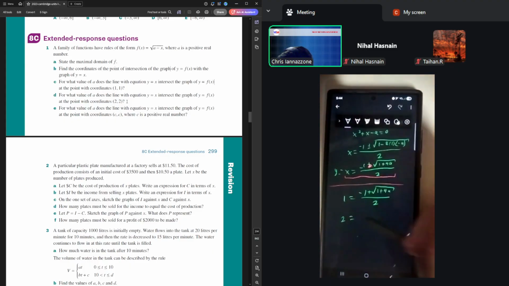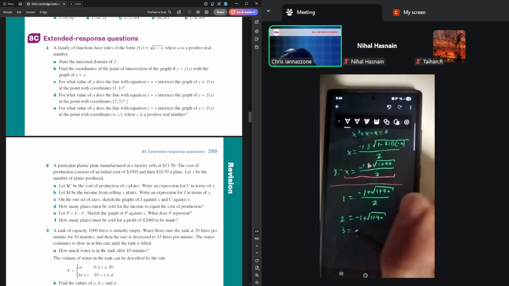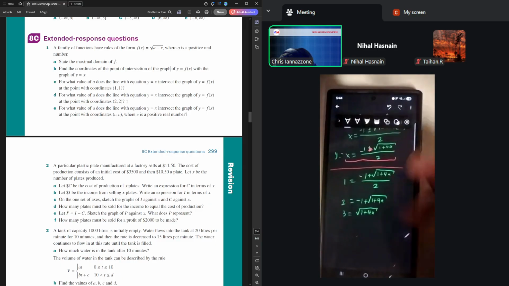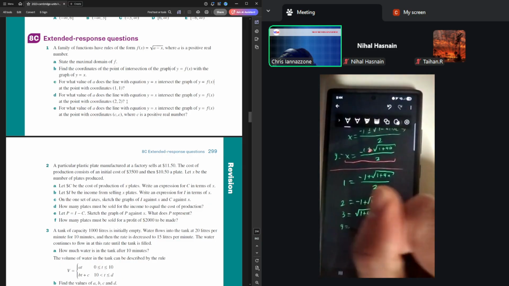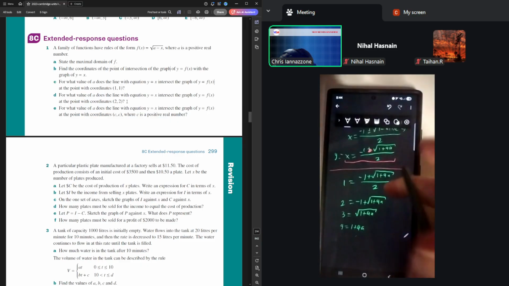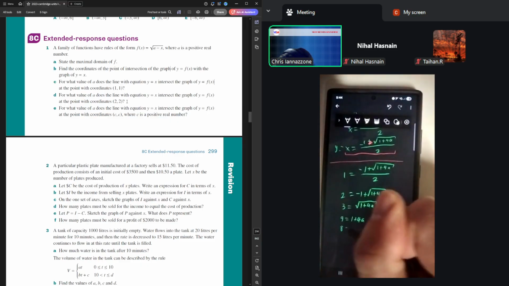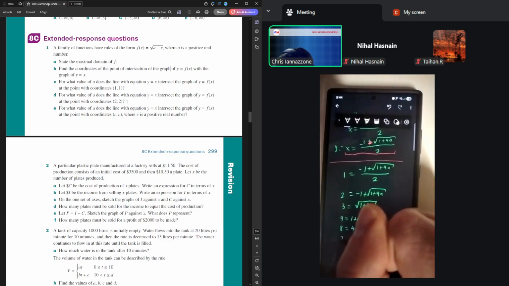So multiplying both sides by 2, adding 1, squaring both sides, subtract 1, divide by 4.